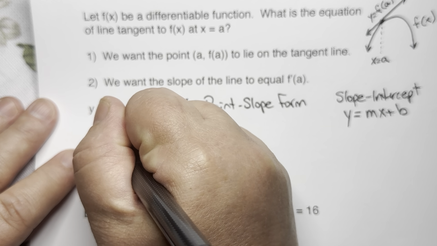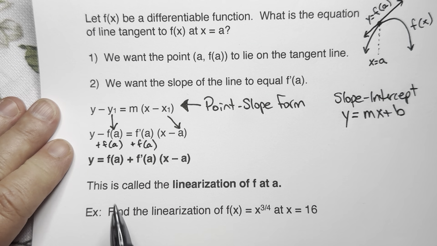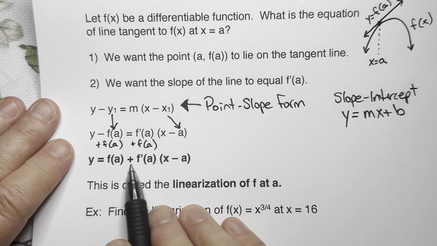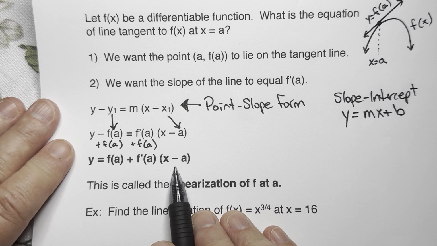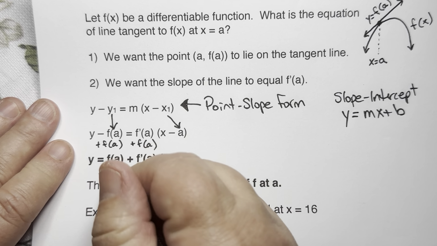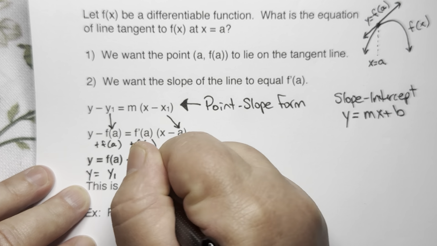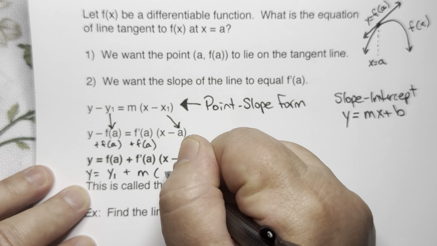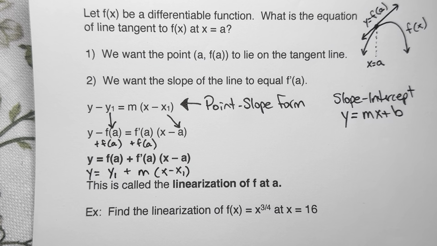I add f of a over here and over here, and I end up with this that no longer looks like the equation of a line. In fact, it looks like some sort of nightmare creature that crawled from under your bed. But I promise you, this is really just y equals that y value plus the slope times x minus the x value. So it's just a very formalized way to look at the tangent line.